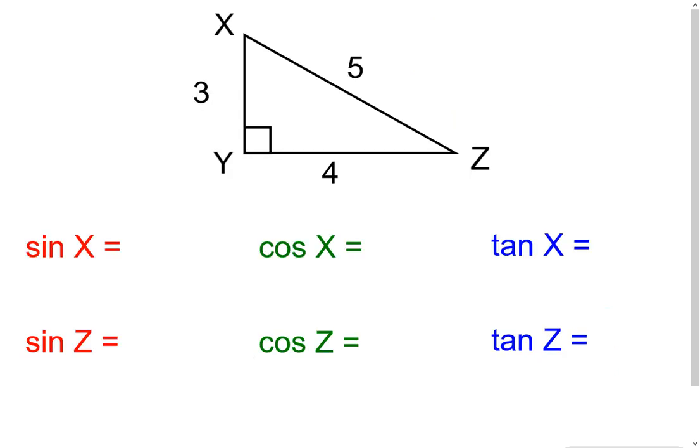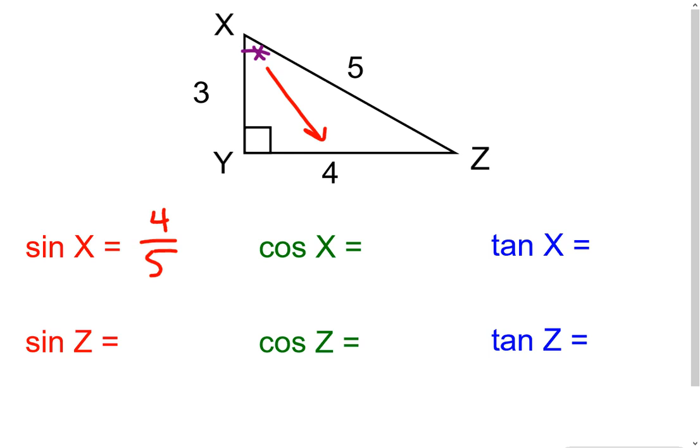Now, I'm going to do the exact same thing here, but this time I put numbers on there. I'm going to start with angle X right here, and we're going to run through and find the sine, cosine, and tangent. Okay? So if I want the sine of angle X, remember I have to do opposite over hypotenuse. The opposite side from angle X is 4, the hypotenuse is 5.